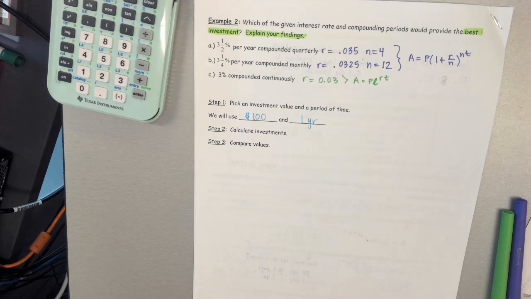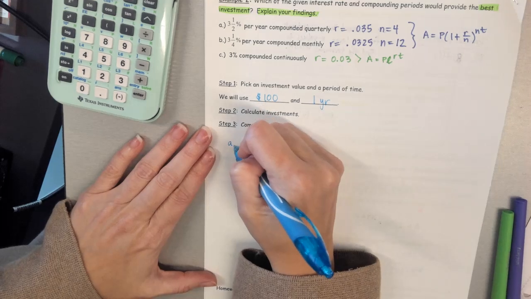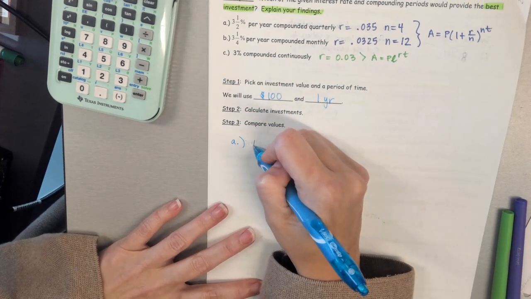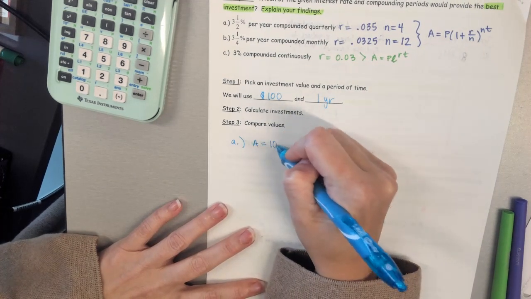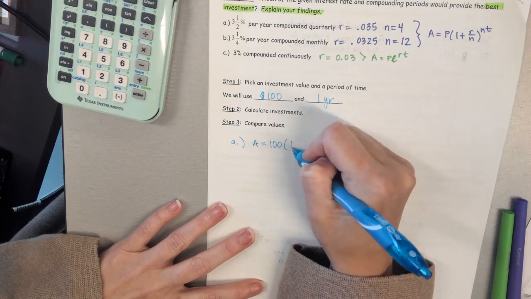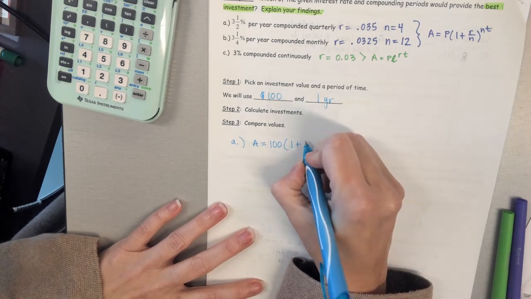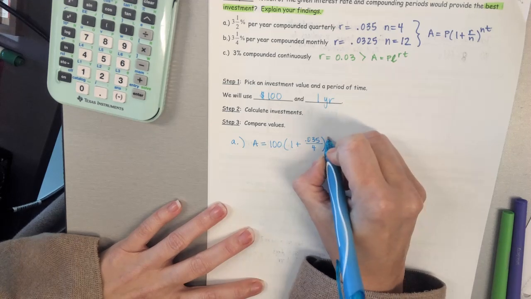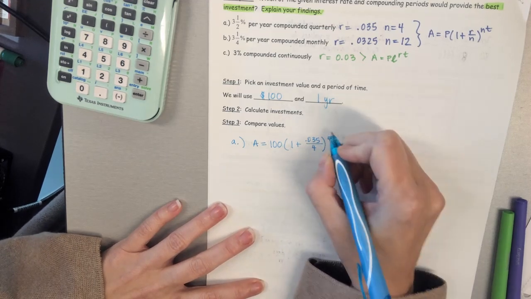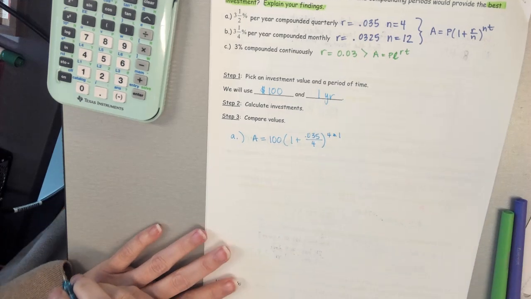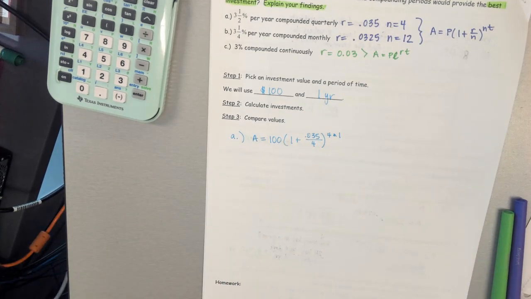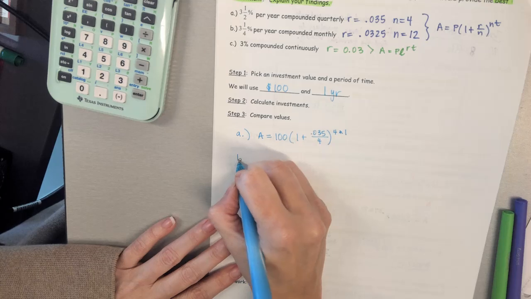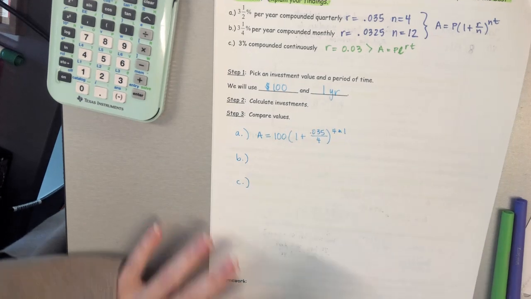All right, so let's calculate and then we'll compare. Okay, so 1 year. Can you guys set up the other two and then calculate them and then we'll check them?